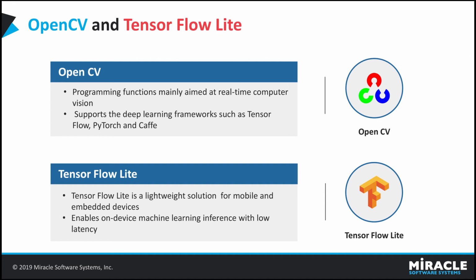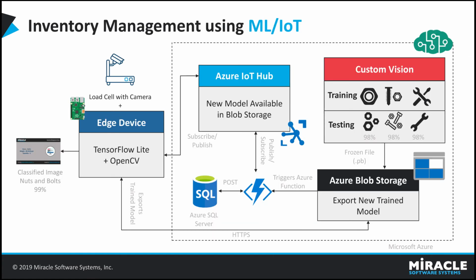models executed fast. So you can see the architecture right now, what we have built. On the left-hand side, we have Custom Vision, which I spoke about earlier in the slides, the Microsoft one, which really helps us develop machine learning models.